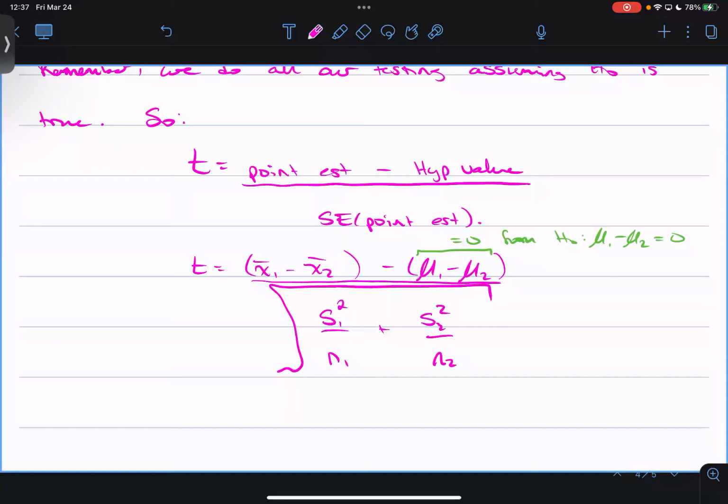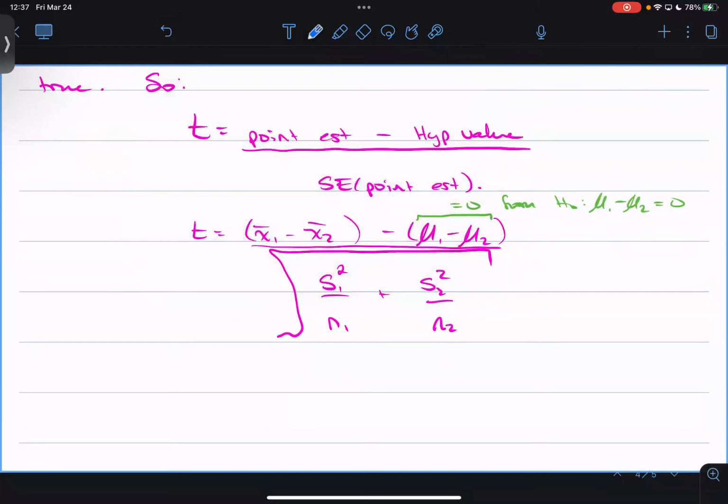It doesn't look like an extension from the one sample case, but if you look at it, we used to have S over root N as the standard error for one sample. But if you put it all under the square root, this is the same as S squared over N. You can distribute the square root.